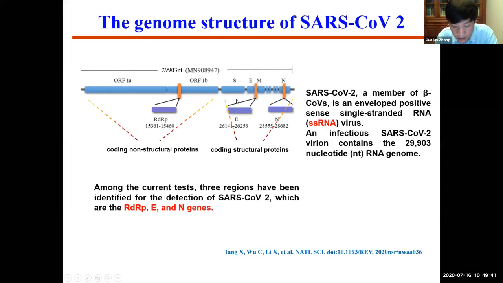It should be noted that three regions have been identified for the detection of coronavirus: the first is RdRp, the second one is the E gene, and the third one is the N gene.